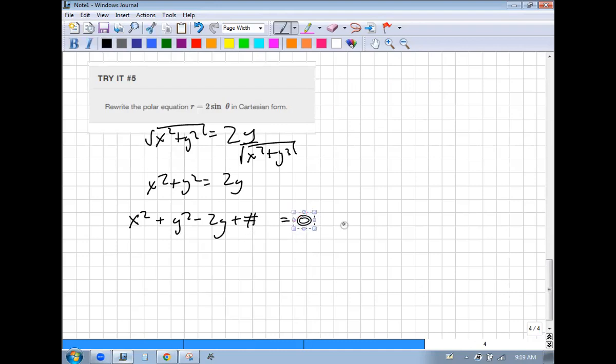I'm not going to go into detail, right? If I added some number there, then this would be x squared plus y minus some different number squared. Okay, so this would be a circle of square root of number, but shifted down if we graphed it, right?